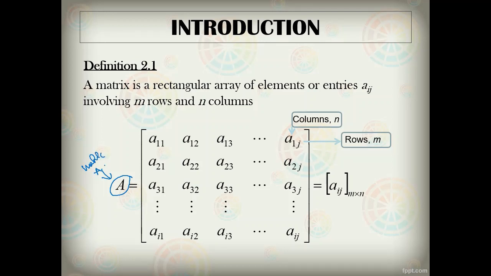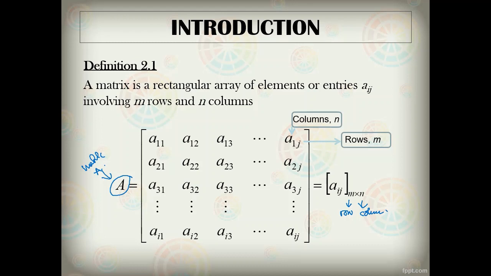And we name the matrix based on its rows and columns: how many rows the matrix has, and how many columns the matrix has. We name it by first mentioning the rows, followed by the number of columns.